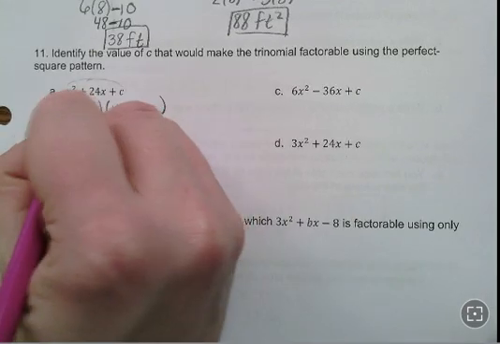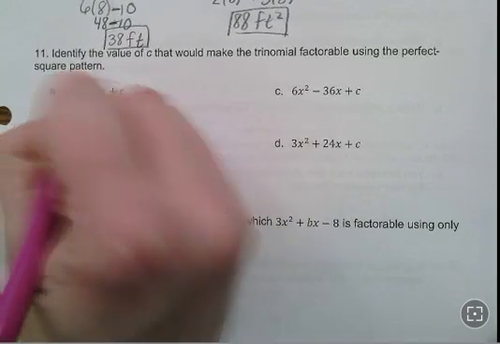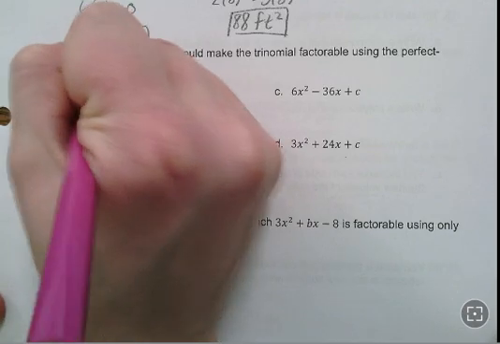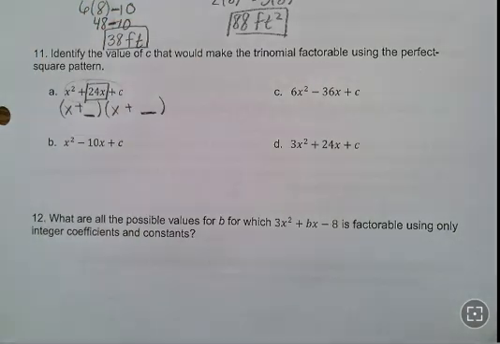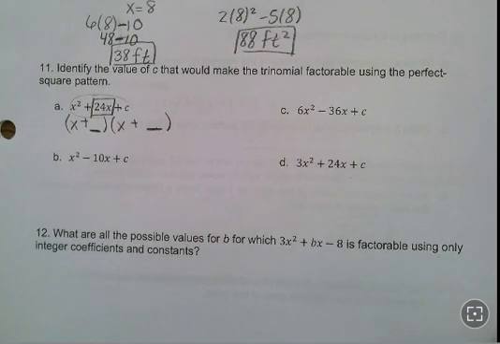Well, you know that these both have to be plus signs, right? And you know that we have to get to 24 through addition. So we need a number that when we add it to itself, we get to 24. There's lots of ways you can get to 24, right? 23 and 1, 22 and 2, 21 and 3, 20 and 4. But we need it to be the same number.